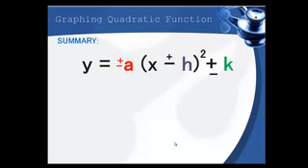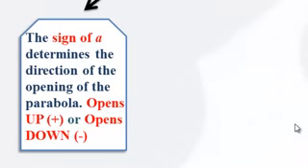In summary, if we have this vertex form, y = a times the square of (x - h) plus k. Remember, the sign of a determines the direction of the opening of the parabola. Again, if it is positive, it opens up.